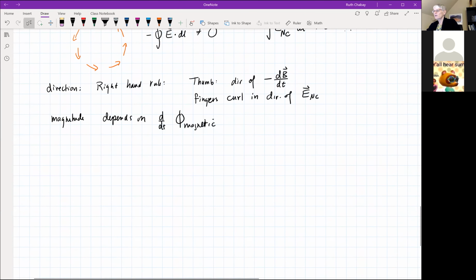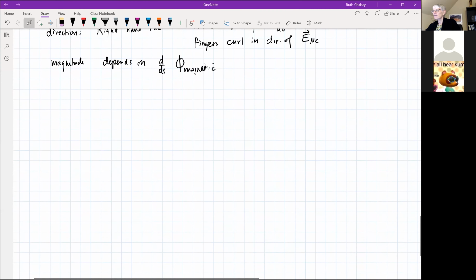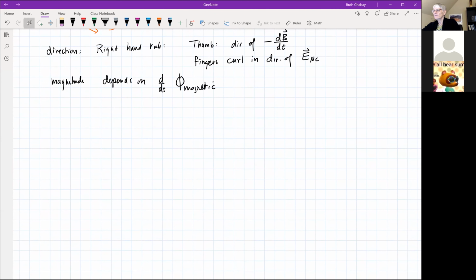So how do we figure out the direction of dB/dt? Okay, the easy way to do it is to consider discrete positions.